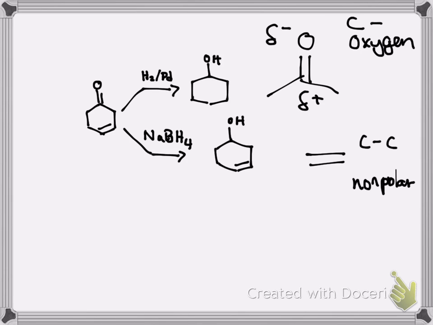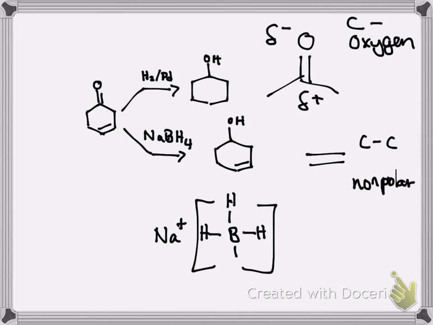Because if you look at the structure of sodium borohydride, you have a negative charge, you have a boron. It's got 4 groups on it that are hydrogens, like this. The negative formal charge sits on the boron, right?